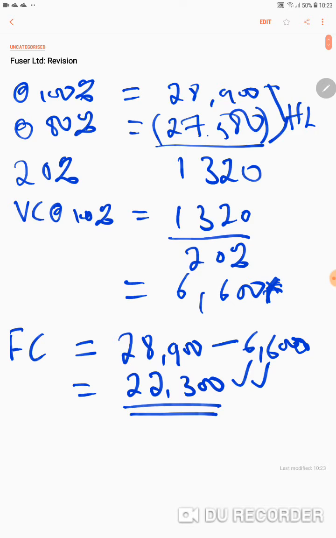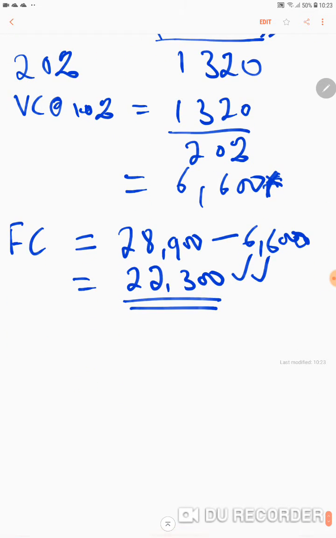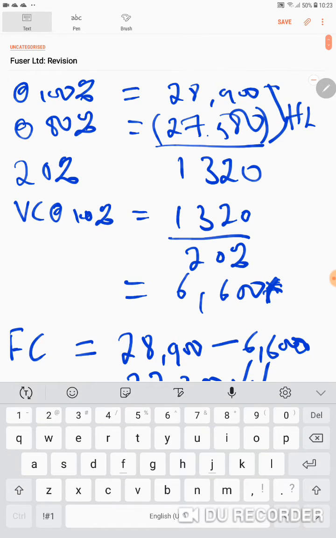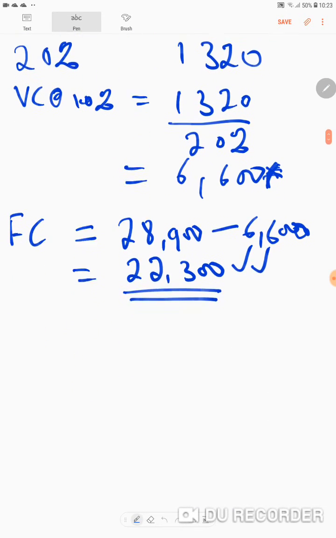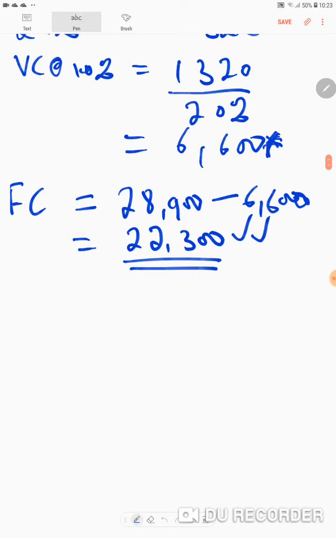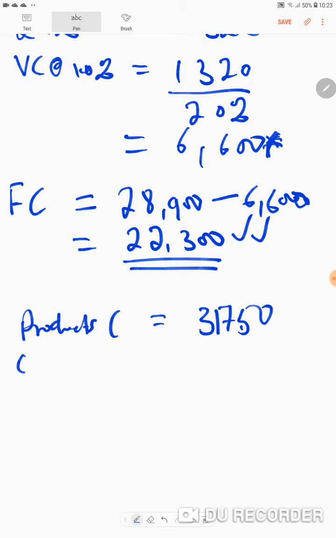So on this one, how does this work out again? So we are going to say how much was recorded production costs as per the absorption costing statement. We have got 31,750 less volume variance.